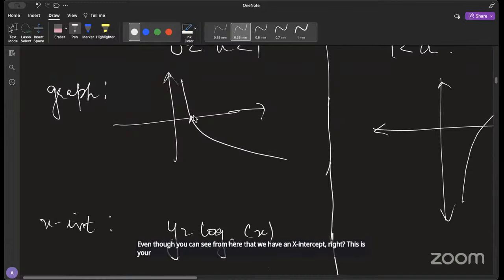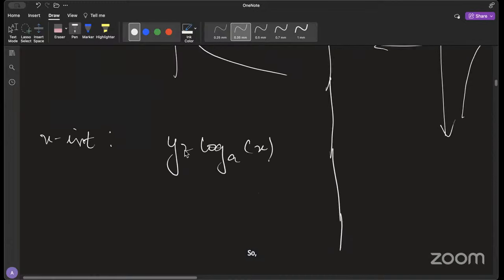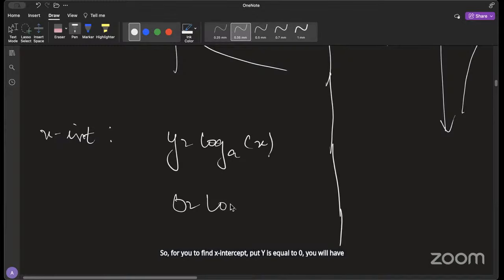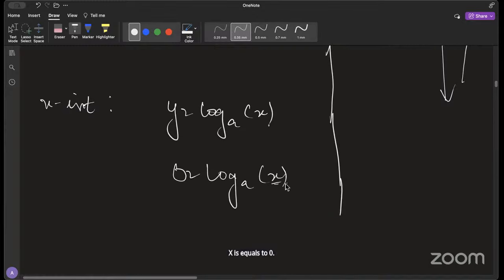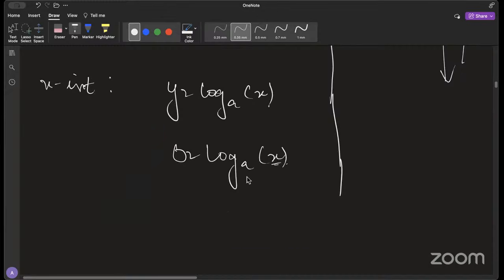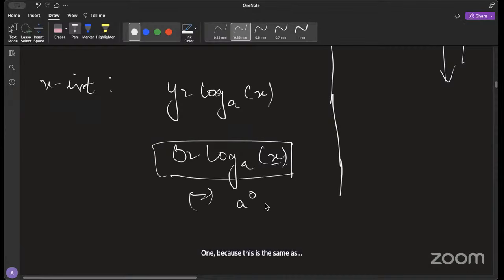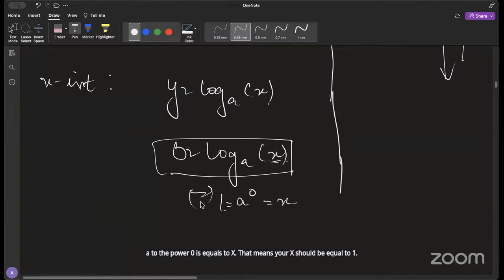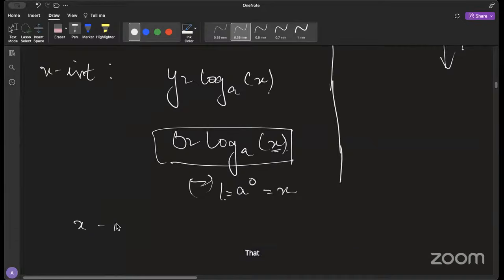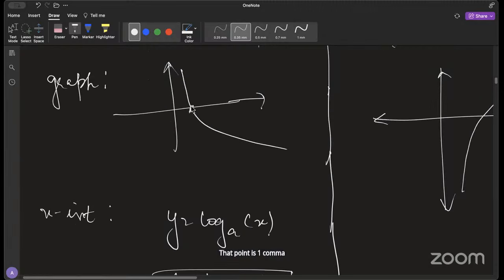This is your x-intercept. So for you to find the x-intercept, put y equals 0. You'll have log base a x equals 0. What should be x then? 1, because this is the same as a to the power 0 equals x. That means your x should be equal to 1. That means your x-intercept point is (1, 0).